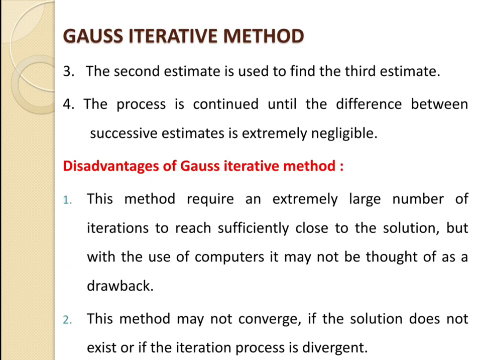So these are the two disadvantages of the Gauss iterative method, and the most important disadvantage is that it may have a large number of iterations. The main aim of load flow studies is to try to reduce the number of iterations as well as the time per iteration. So this is regarding the Gauss iterative method.